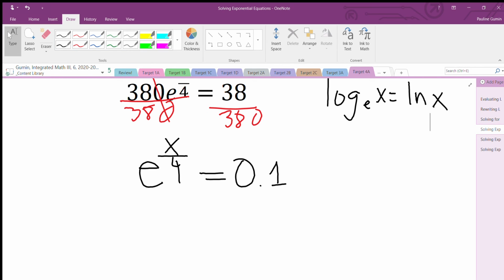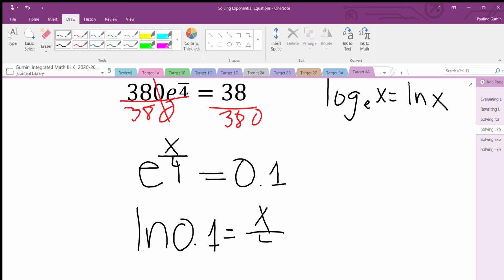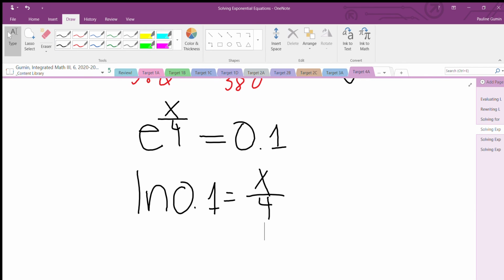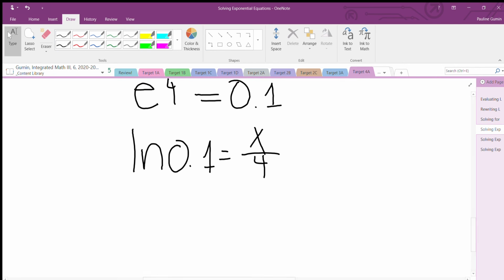Okay, now let's turn it into a logarithm. So since it's log base e, I'm actually going to write ln of 0.1 equals x over 4. This is a nice one. You can do this one in your calculator because we do have an ln button. You don't need to use the link I gave you.